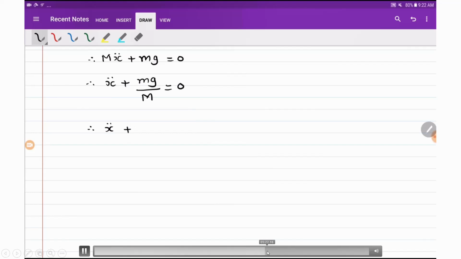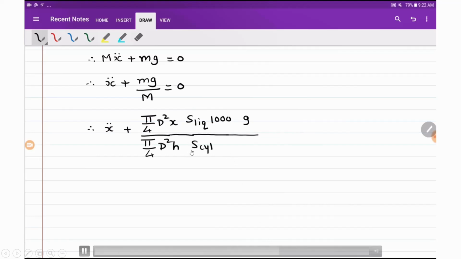Now substitute the values of small m and capital M. So it is pi by 4 d square into x, S liquid, multiplied by 1000 multiplied by g, whole divided by pi by 4 d square into H, S cylinder, into 1000.